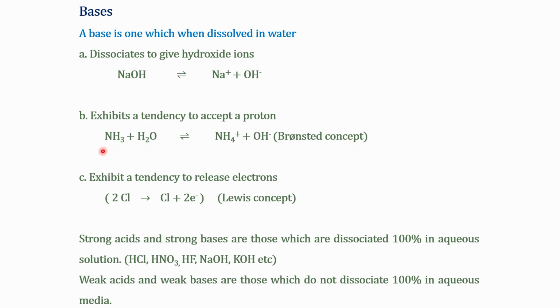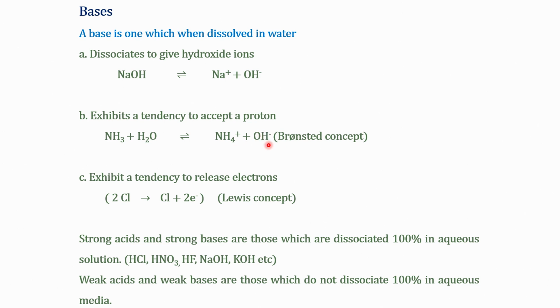A base is one which can react with water to accept one hydrogen. NH3 will become NH4 plus, because it accepts a proton. And then once water loses H plus, what remains is 2 electrons extra here. So, OH minus is produced. This is a Bronsted concept.